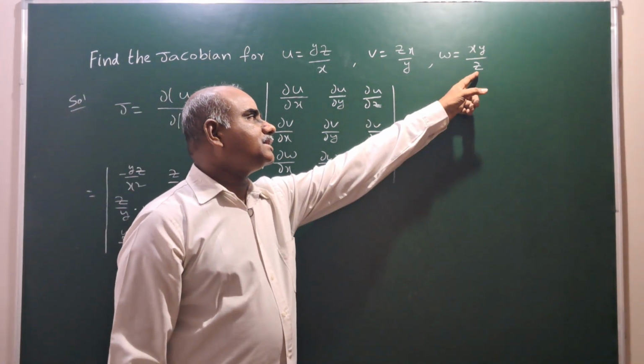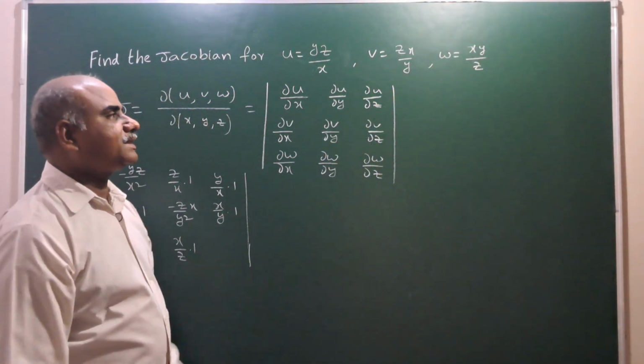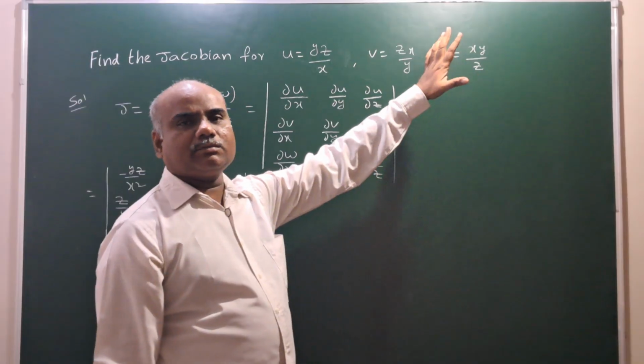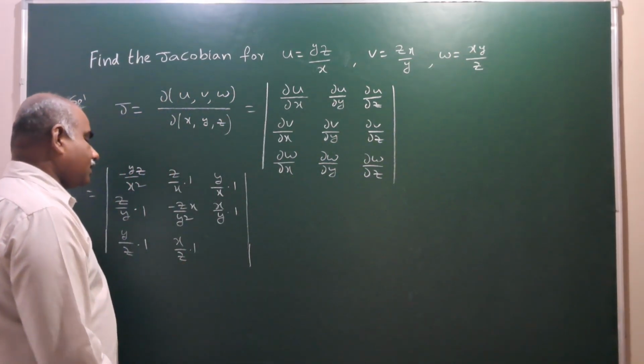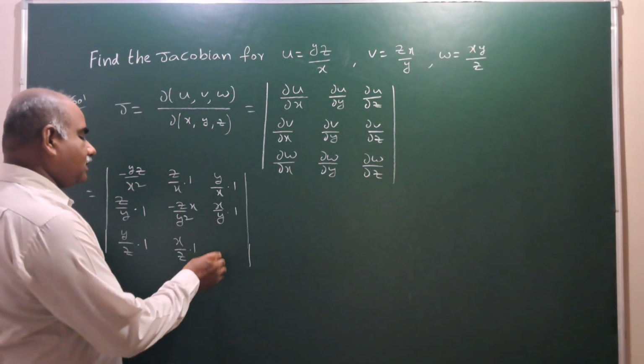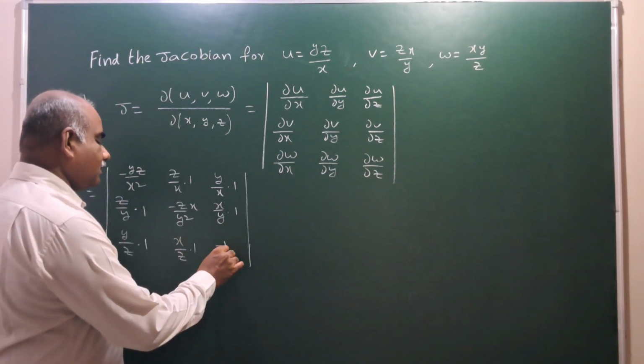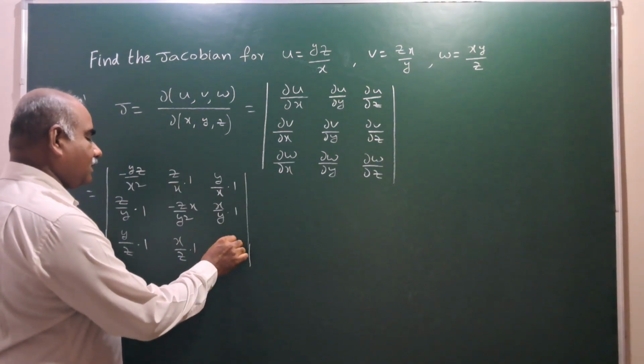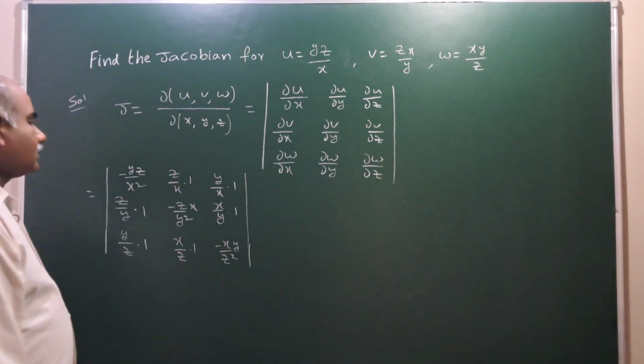Now in this case z is in the denominator, so treat xy as constant. z in the denominator means our function is 1 by z. The derivative of 1 by z is minus 1 by z square, and xy is there. So totally this is minus xy by z square. Okay.